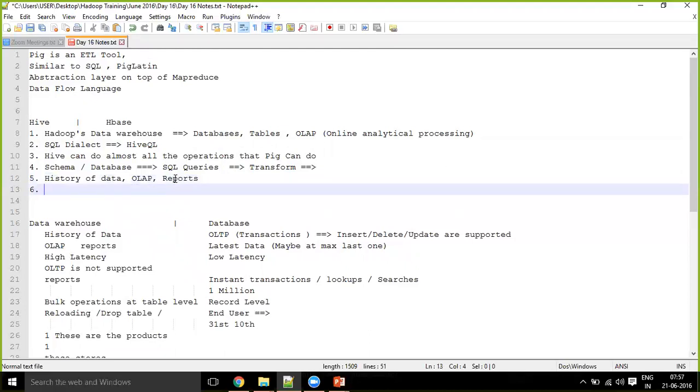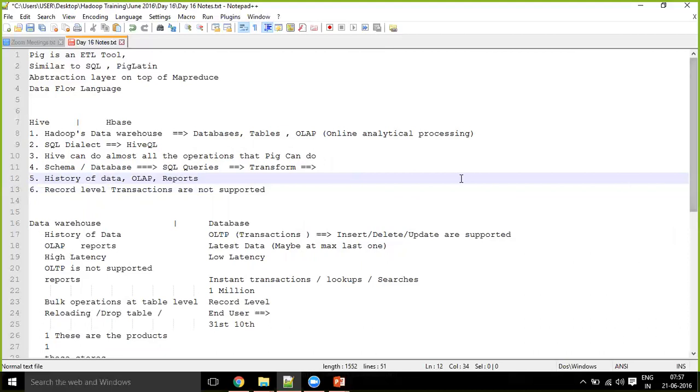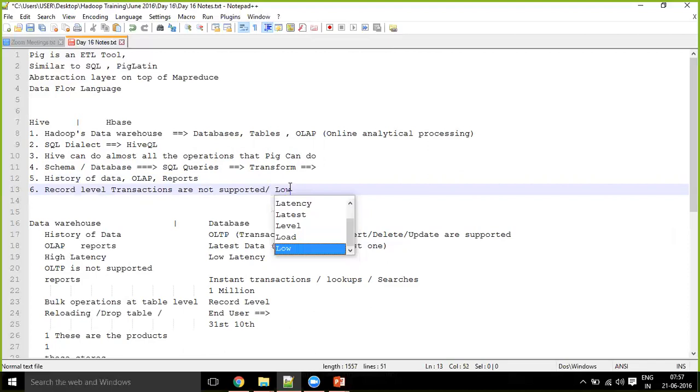Coming to the negative sides, you can't perform record level transactions, I should call this, okay. Record level transactions are not supported, and low latency cannot be achieved.